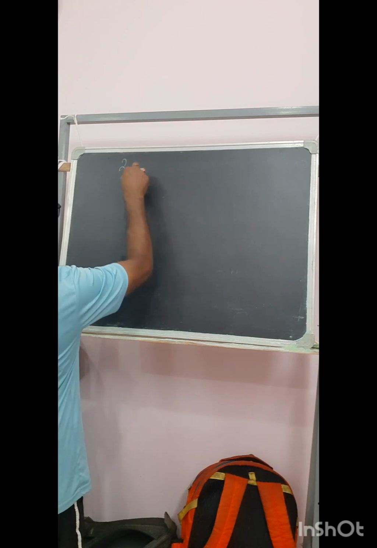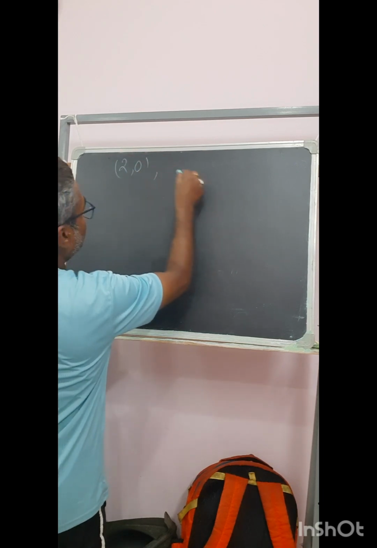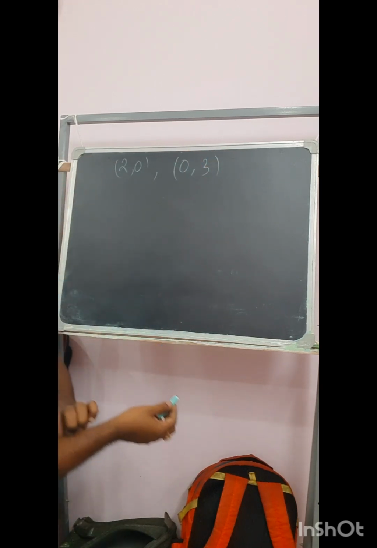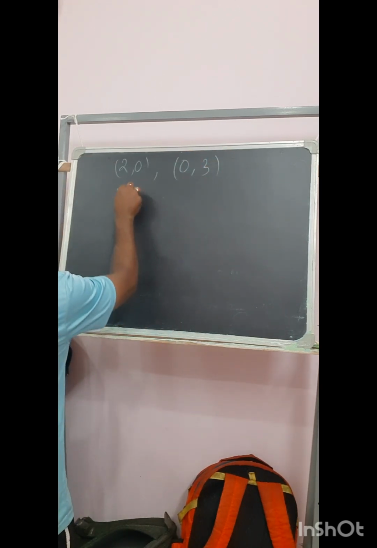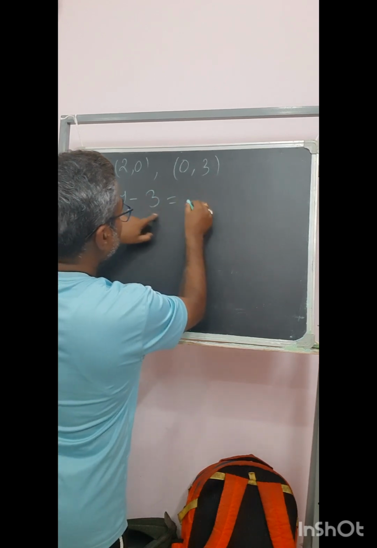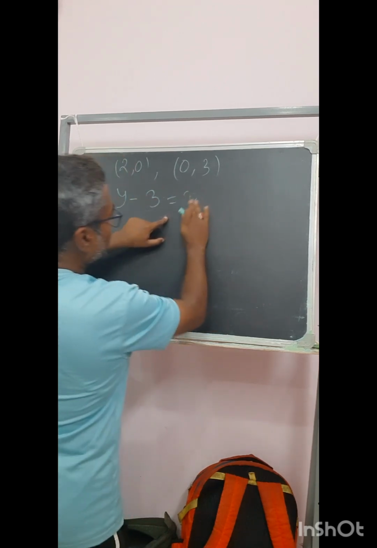Okay. So let's say two real points are given, 2, 0 and 0, 3. Okay. Now you have to find the line. So your task is to go straight where y minus y1 is equal to m, you don't know. M, how will you find?